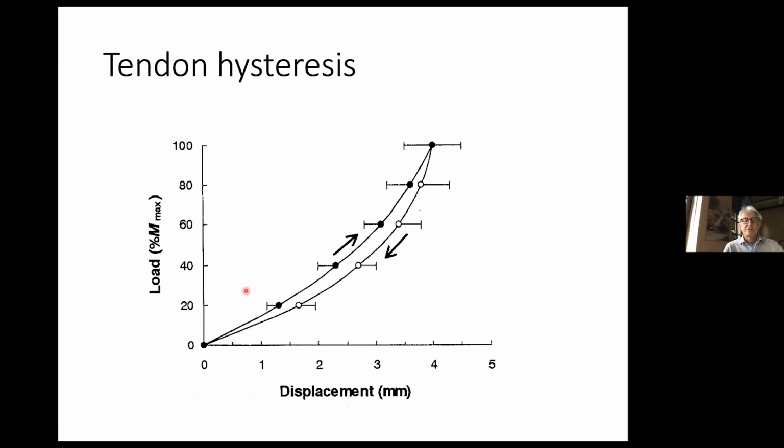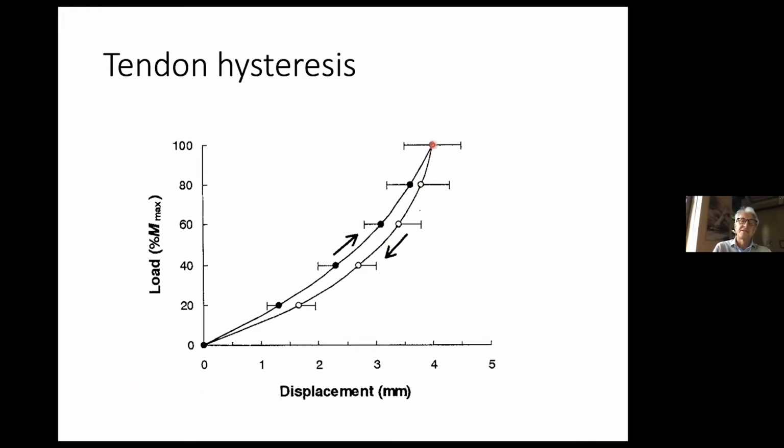Of course, tendons also show not only extensibility, but also they recover when we release them after being stretched. But what is important to note is that the tendon deformation upon stretching is not fully recovered during recoil.